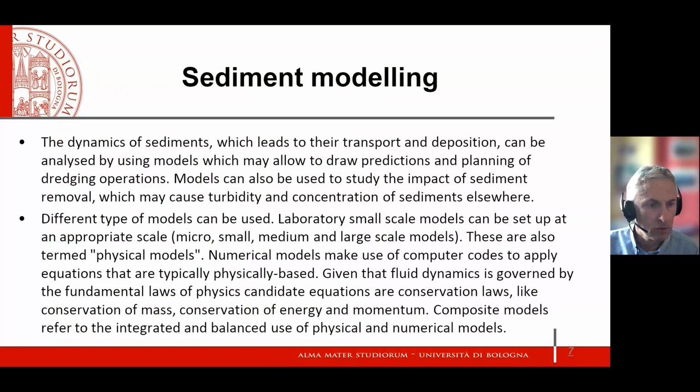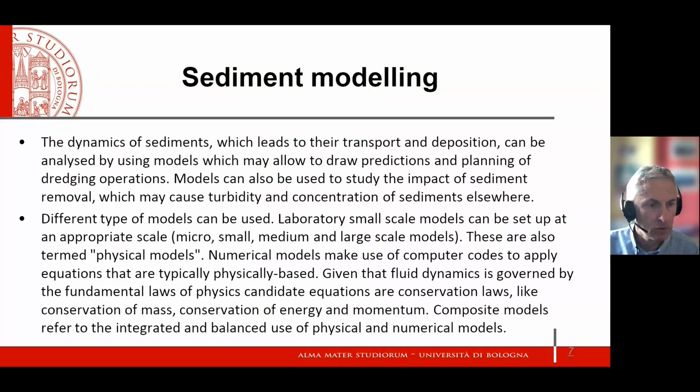And you already know the relevant uncertainties that affect any estimation of sediment transport, any modeling exercise of sediment dynamics. In this specific case, I want to focus on the application of physical models.